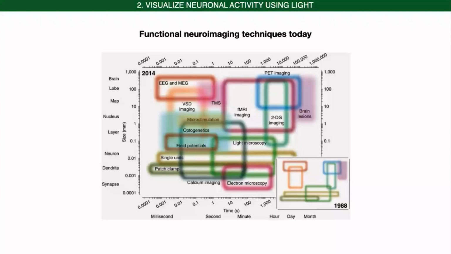And also the temporal resolution is very interesting because it allows us to visualize neuronal activity from less than milliseconds to minutes, and sometimes even hours. Hours is more difficult, but this is the kind of range that we can reach.